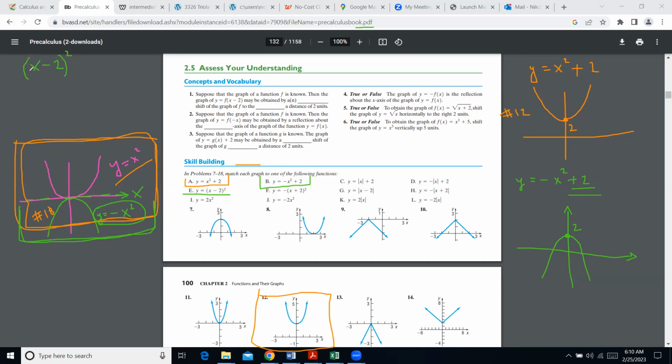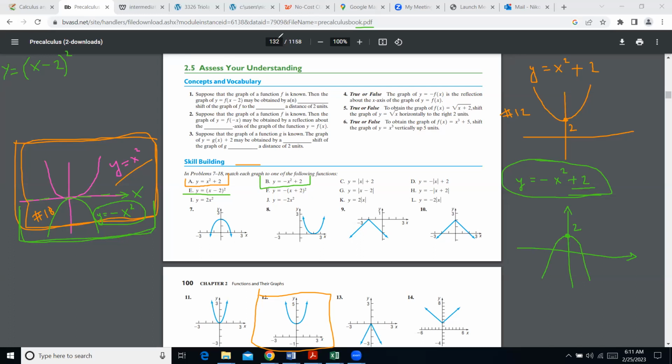So please notice that this is not the same as what we had before, because the previous example had 2 added to x squared, but now we don't have x squared, we have the subtraction being done inside the parentheses.